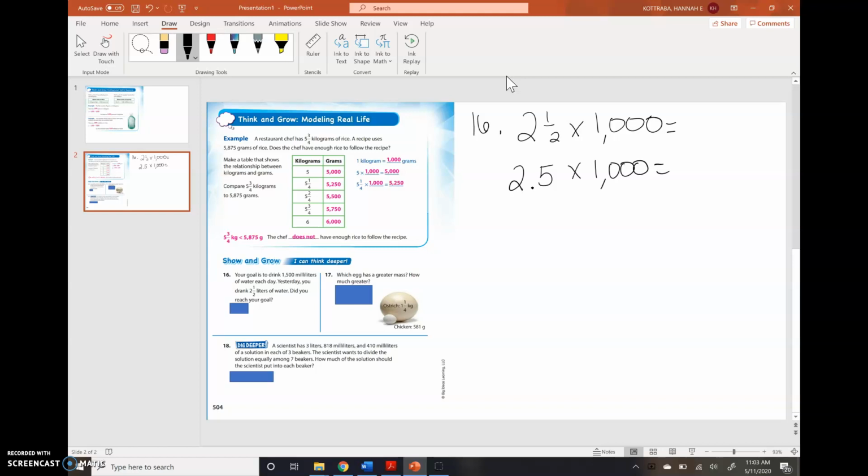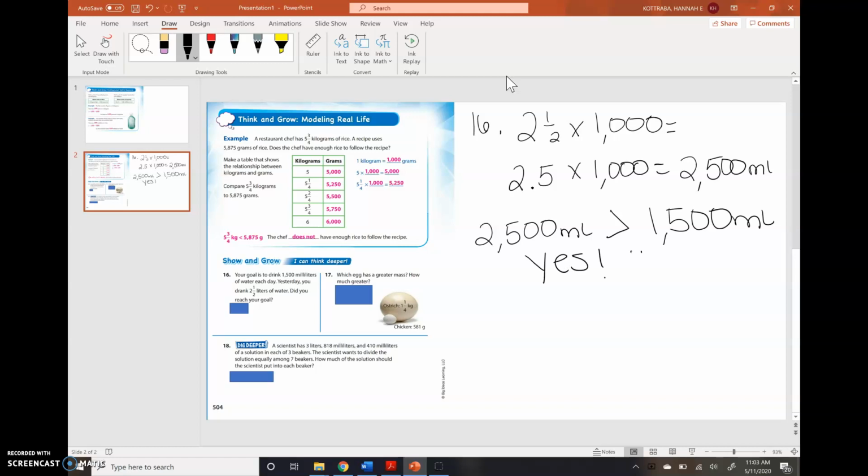So that will give you 2,500 milliliters. Now that we have it converted, we can clearly see 2.5 liters equals 2,500 milliliters. And this is in fact greater than your goal, 1,500 milliliters. So yes, you reached your goal.